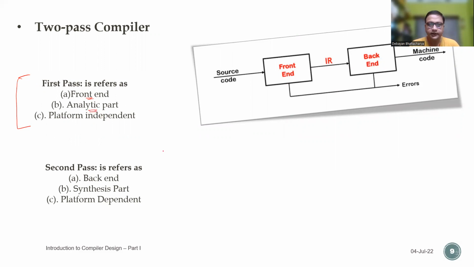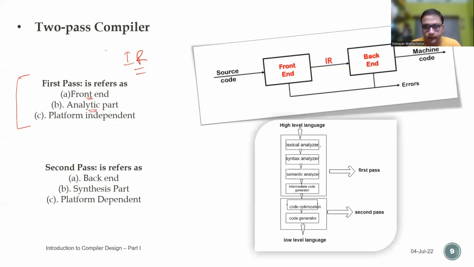Analytical part means in that case the compiler only generates the intermediate code. How is it going to generate it? By following this set of steps.